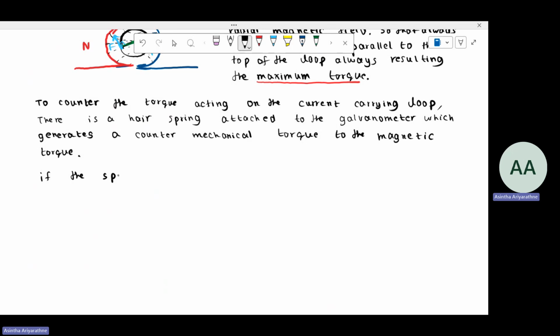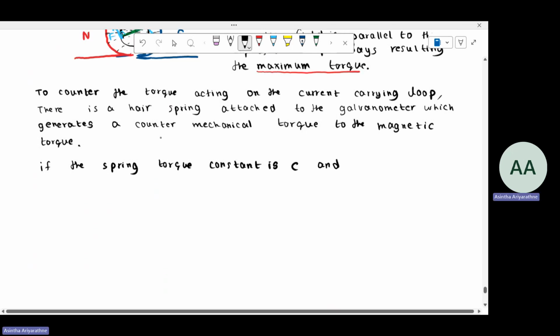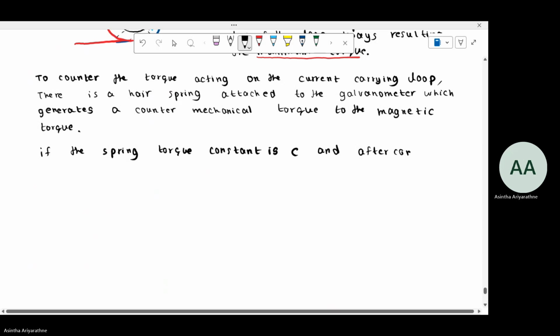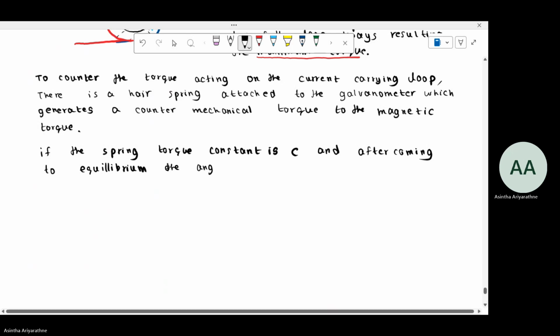If the spring torque constant is C, and after coming to equilibrium the angle is theta, right?